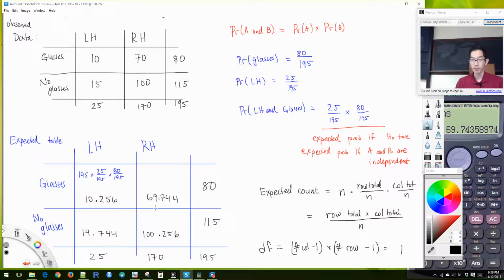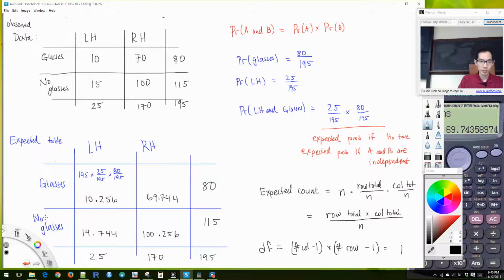Okay, is this okay? And so now we have our observed counts, our observed data, and our expected table, and then we can go through and calculate the Chi-Squared Statistic.